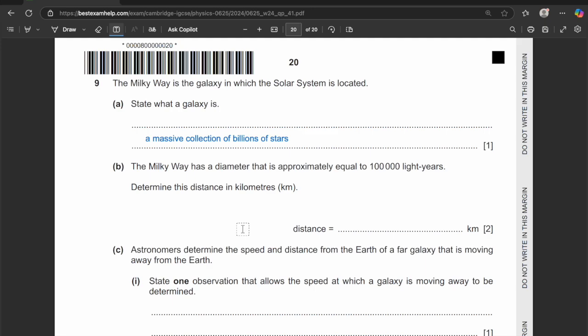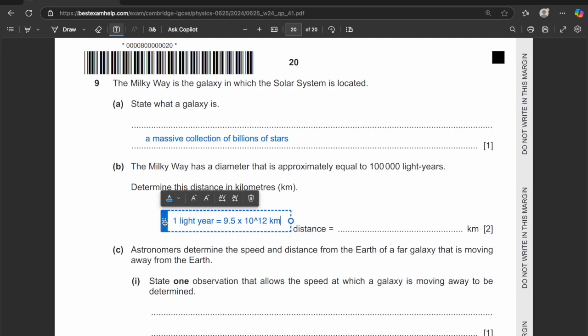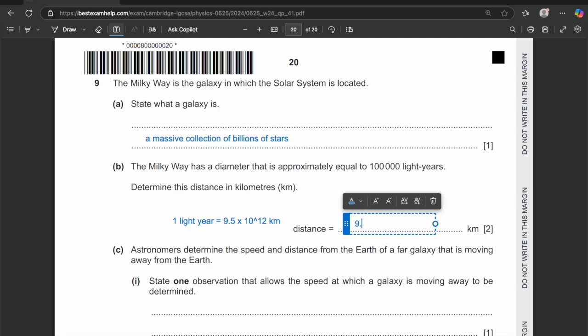Determine this distance in kilometers. So I need to know that 1 light year is equal to 9.5 into 10 power 12 kilometers. And if it is 5 more zeros, then we can just write 9.5 into 10 power 17 kilometers.